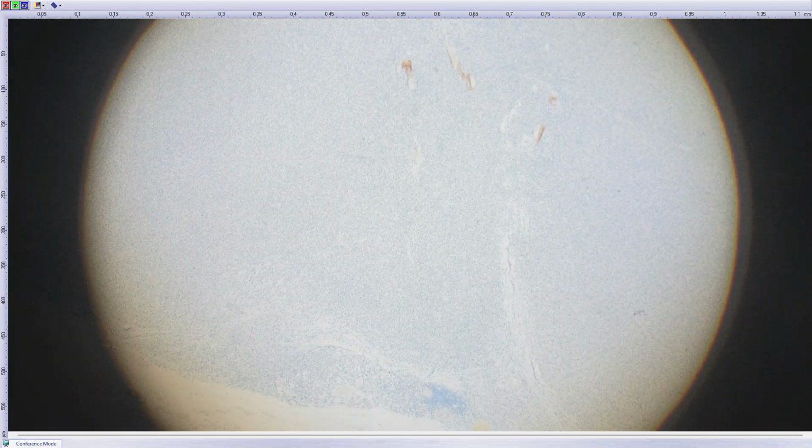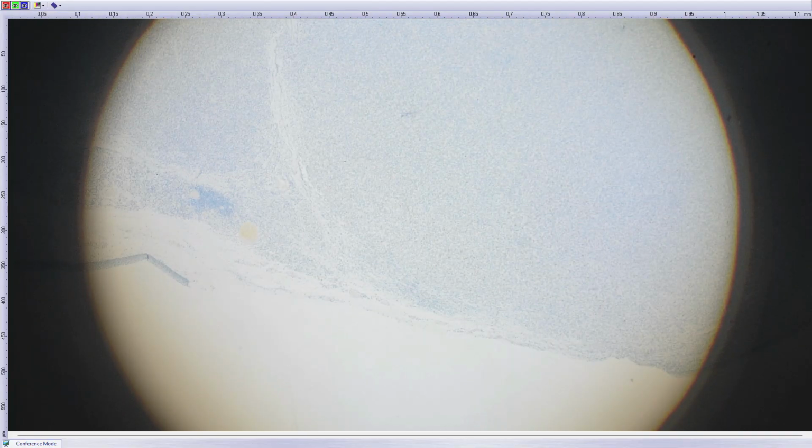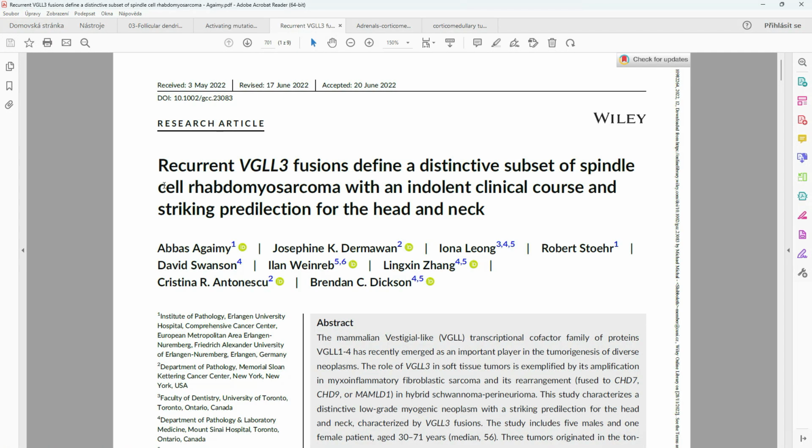And I already kind of hoped it would be this neoplasm, which I'll show you. It's a new subtype of rhabdomyosarcoma with VGLL3 fusions. Those are these very monotonous tumors.